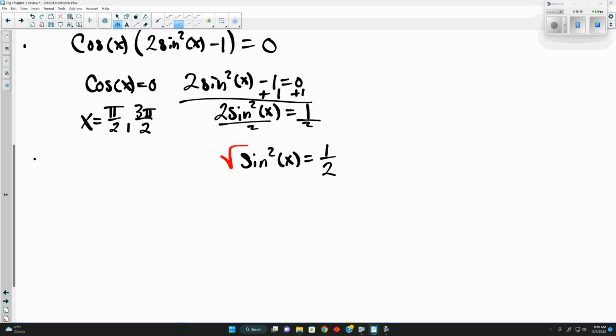And at this point here we can square root both sides. And the square root of sine squared is just going to be sine of x is equal to plus or minus. Well, the square root of 1/2 is going to be square root 2 over 2.